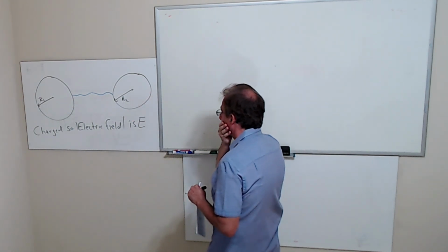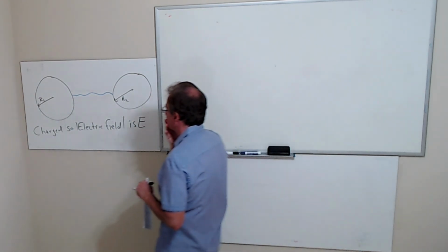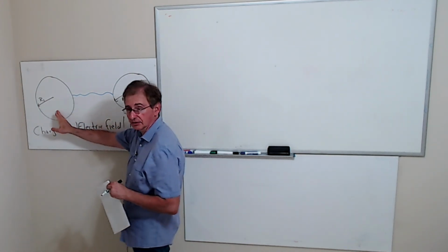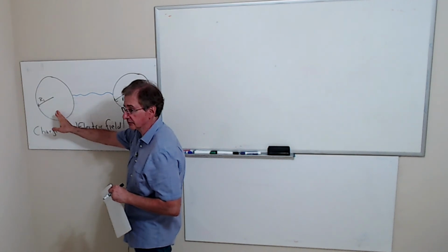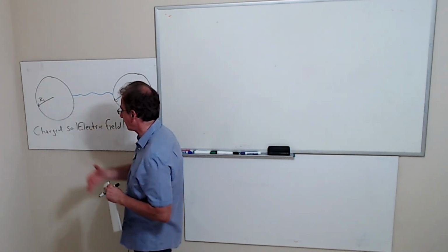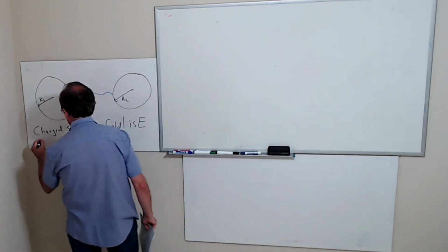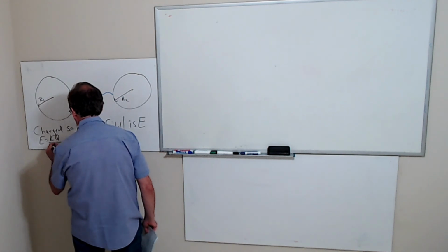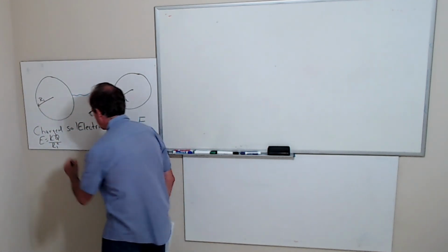So the first question is, can we figure out the charge on this one? These are empty conducting spherical shells, so I can always write the electric field as KQ over R1 squared, and I can call this Q1.